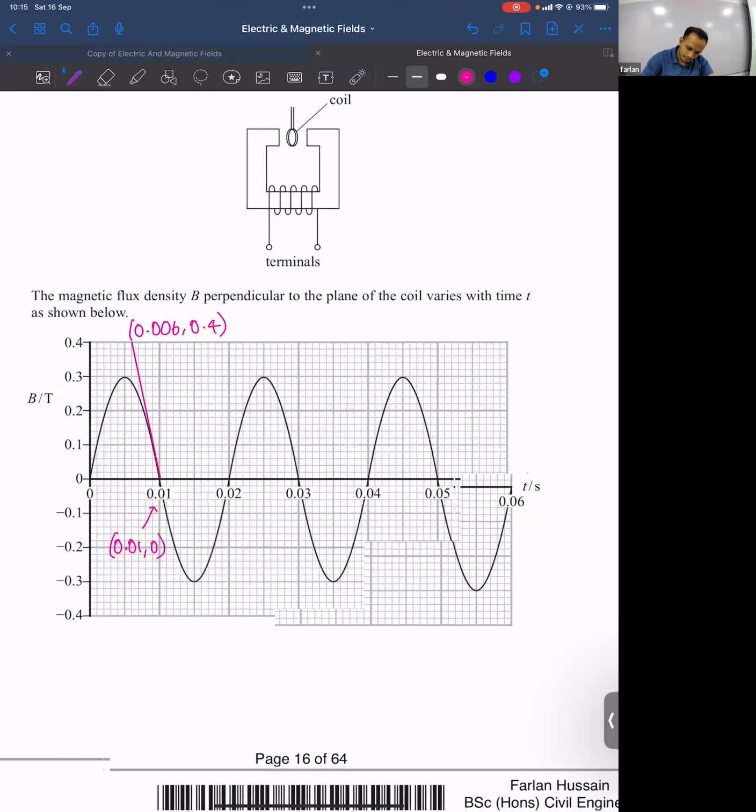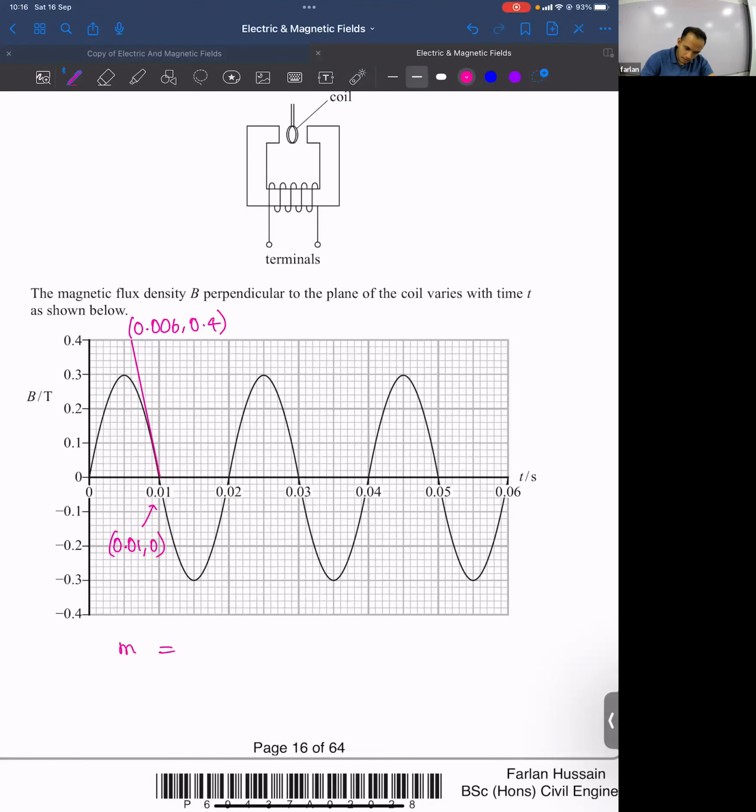So the gradient will be y2 minus y1, 0.4 minus 0, divided by 0.006 minus 0.01. That is 0.4 divided by 0.006 minus 0.01, which is minus 100. I don't want the minus sign. I just need the rate of change, the magnitude. So the magnitude of the gradient will be 100.